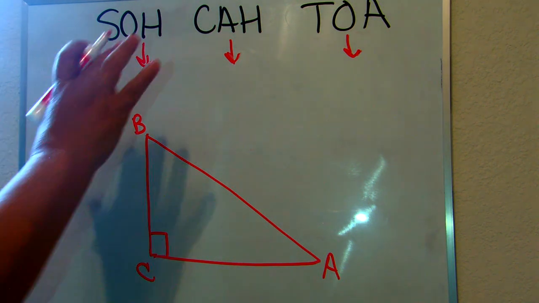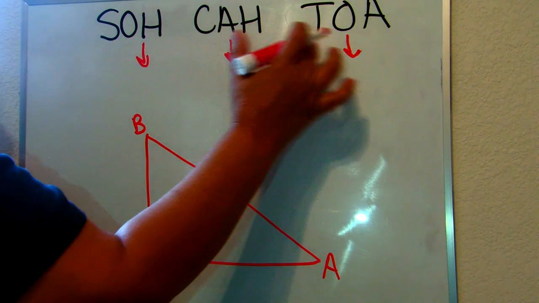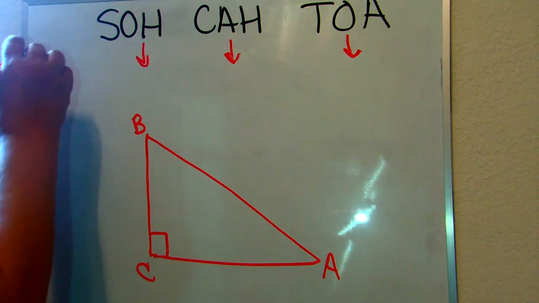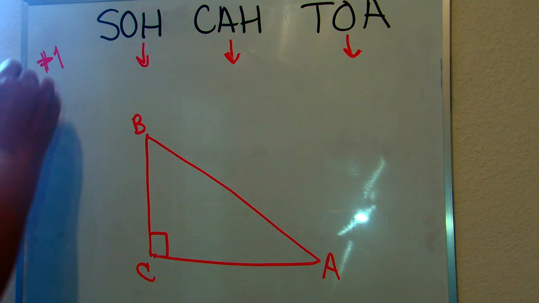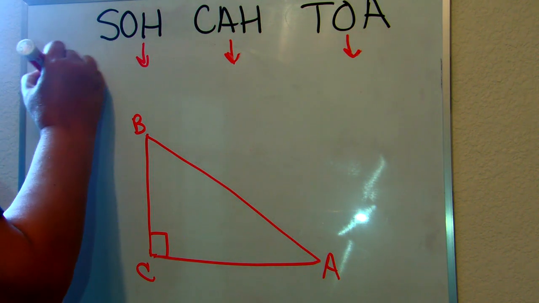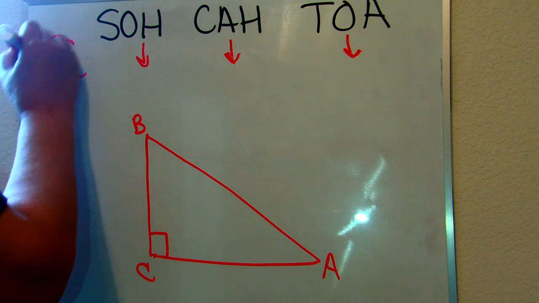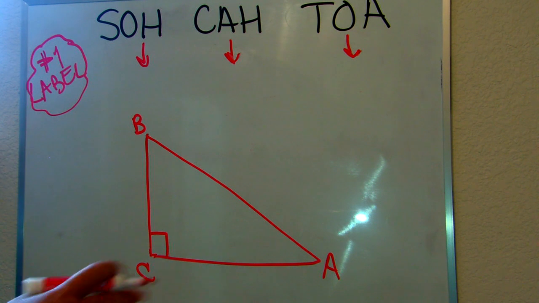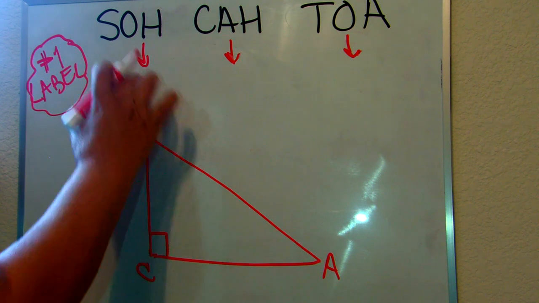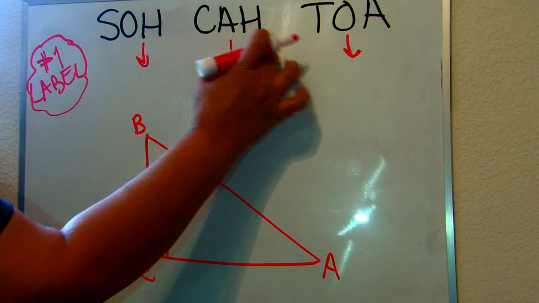Now, when we're working with the trigonometric ratios, the number one thing that you have to do is label everything. Label. So before I start writing on this triangle, let's write down the meaning of this.